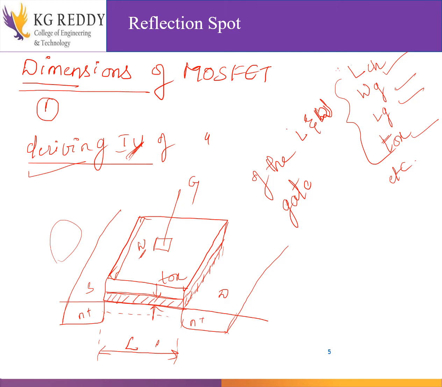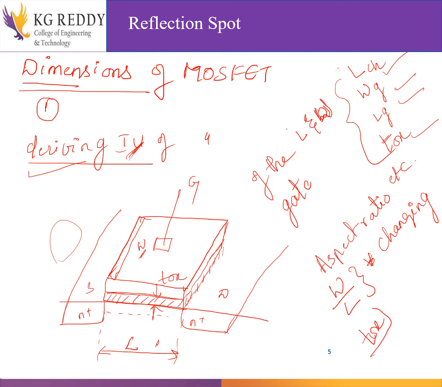To change this W by L, you have an aspect ratio, where you have the option of varying or changing it. You can change this aspect ratio. But the TOX, the oxide thickness, is not in the hand of a designer.